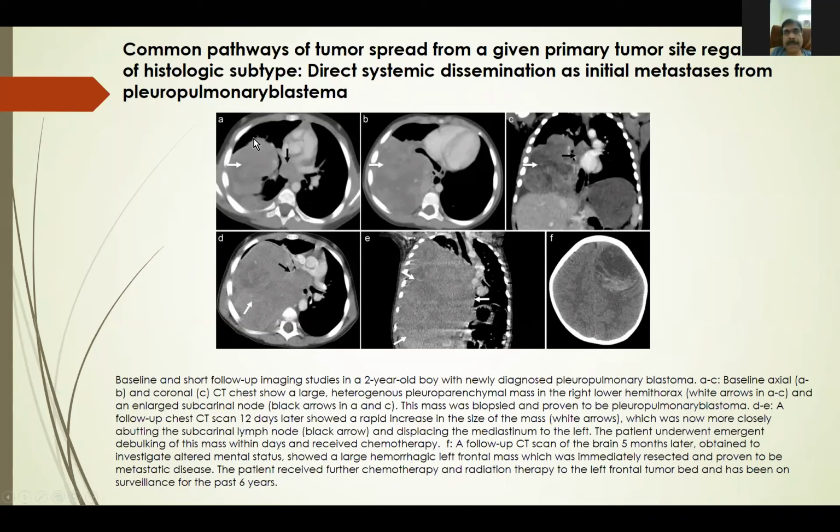So this is a 2-year-old boy with pleuropulmonary blastoma. This patient developed brain metastasis within 5 months, similar to how an adult lung cancer spreads. Common sites of metastasis for pleuropulmonary blastoma also include bones. So brain, bones, so they spread systemically.